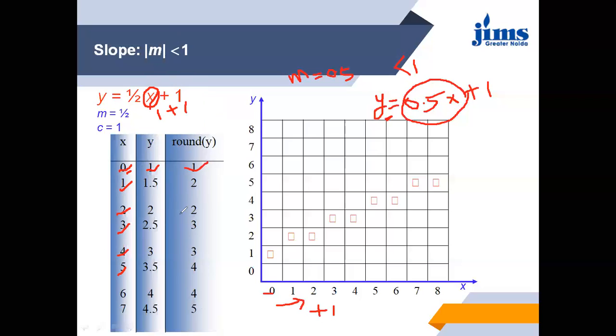So this is 2. So what we are doing, we are approximating the value of y. So from here we can say that when the value of x is increased, we have to find out the value of y, that which pixel we have to glow.